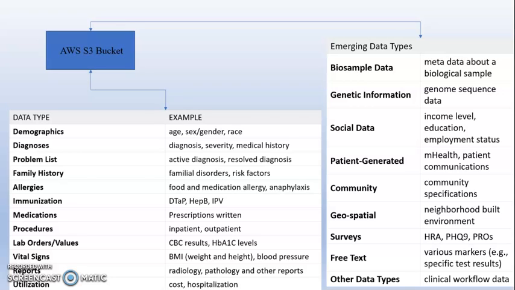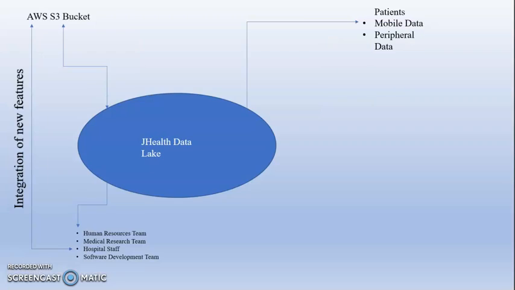And this is where the AWS S3 bucket comes into play, where we can see these data types and how they correspond with emerging data types and how they can both be added to the AWS S3 bucket over time, and how that S3 bucket will correlate with the different cloud components of our enterprise resource platform.